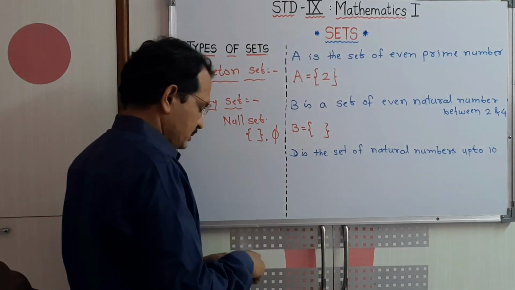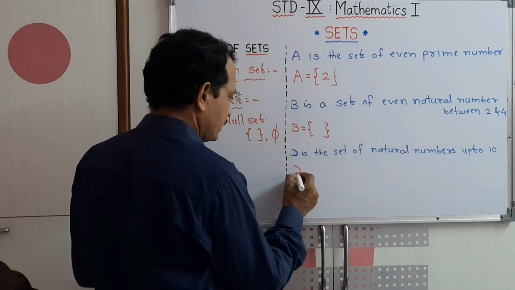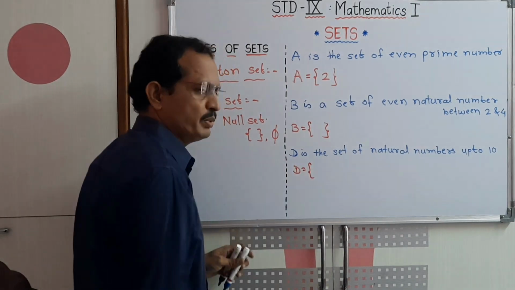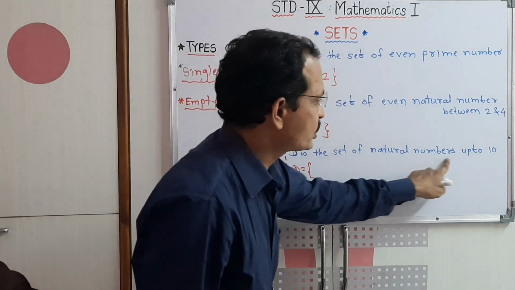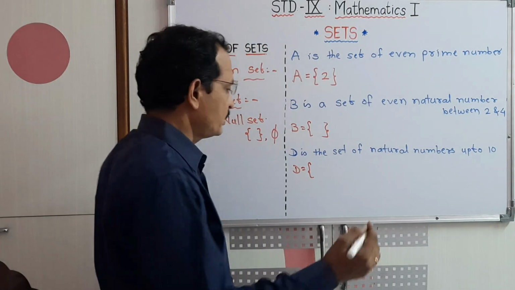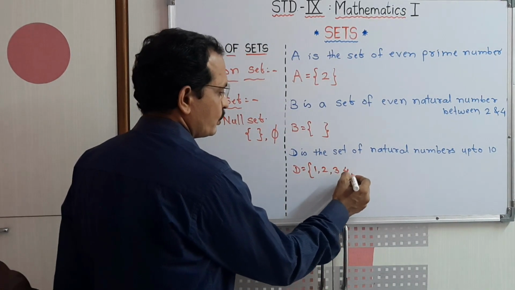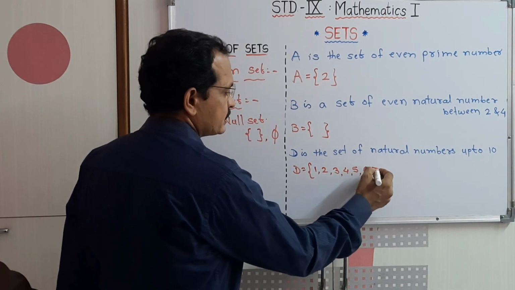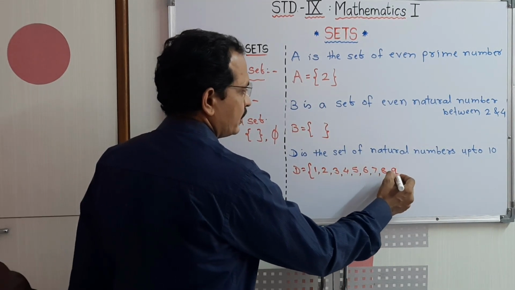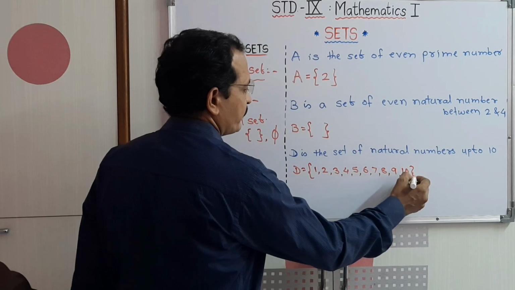That means we have to write set D in list method. We have to write the natural numbers up to 10. Natural numbers start from 1, 2, 3, 4, 5, 6, 7, 8, 9 and 10.